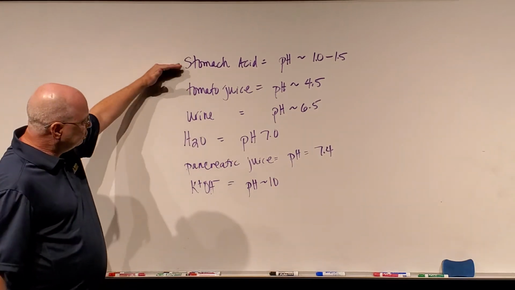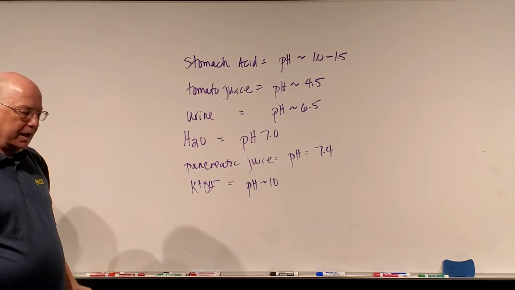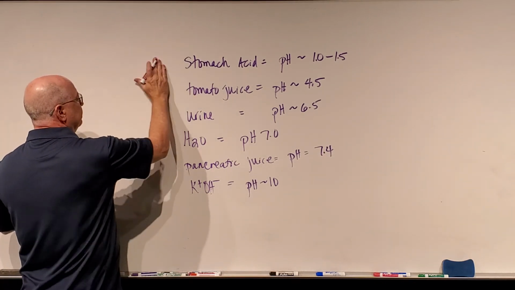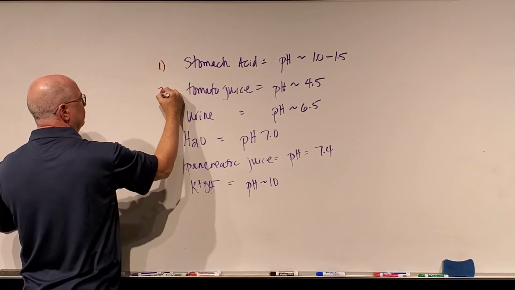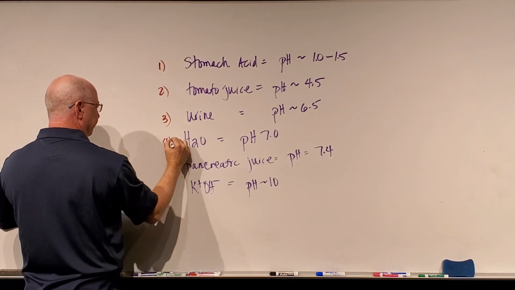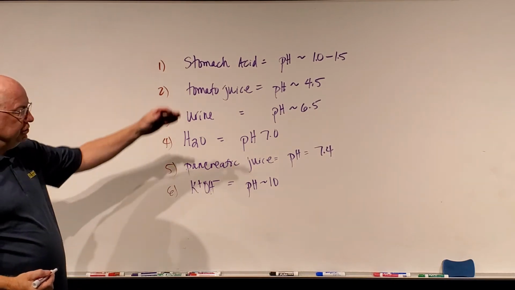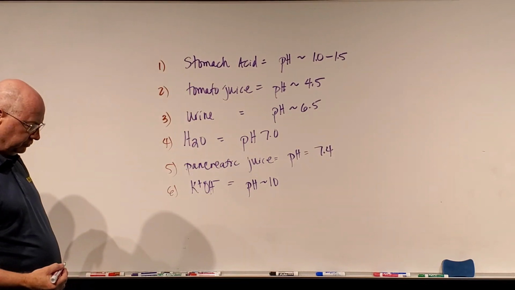If I look at this list of substances, and let's say on a test, for example, let's put some numbers. 1, 2, 3, 4, 5, and 6. I have 6 substances with these pHs.